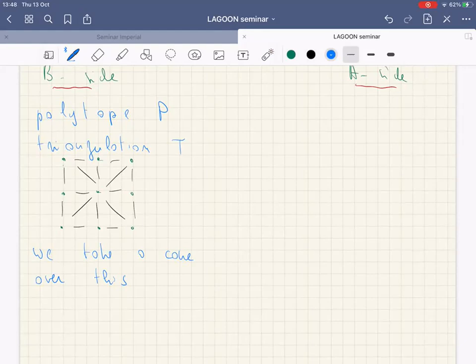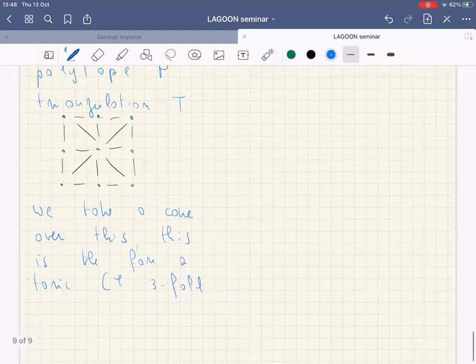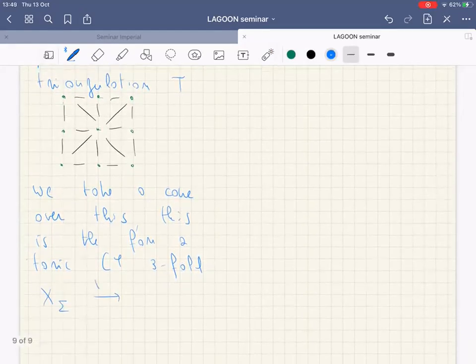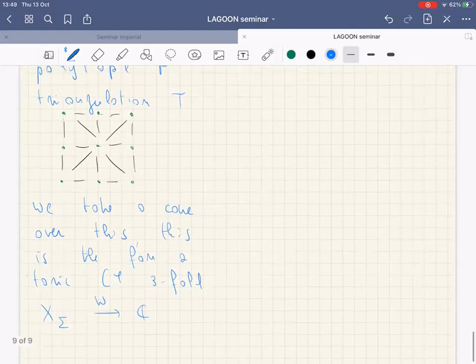And this is the fan of a toric Calabi-Yau threefold X sigma that has a superpotential W to C. So what I'm saying is that I have this lattice polytope, I triangulate it, I place it at height 1, and I take the cone over this.